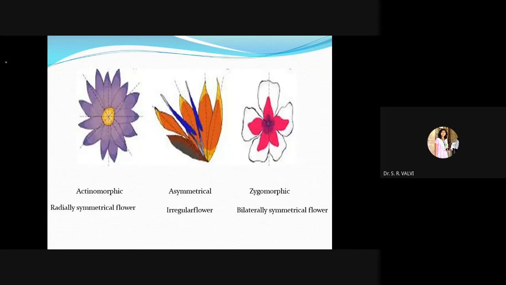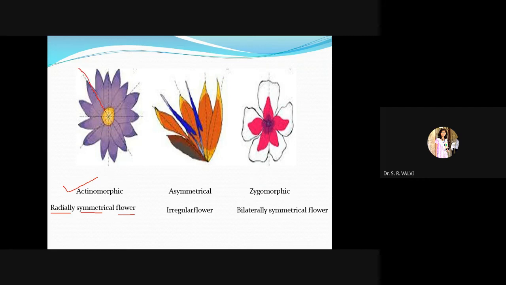See here. The first flower is called as what? Actinomorphic. It is also called a radially symmetrical flower. So see here in this purple color flower, what you are observing is, suppose take this line.